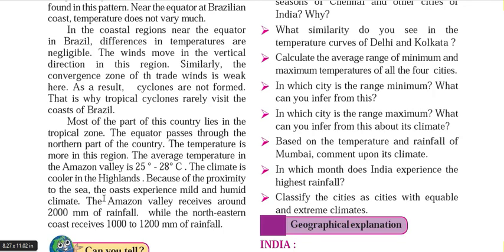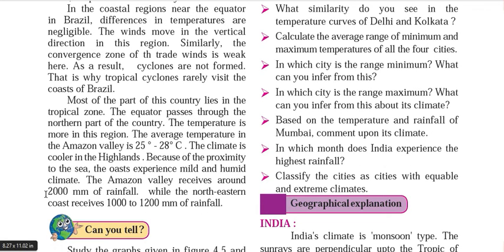Then in the Amazon basin you will find 2000 mm of rainfall, which is a very high amount, and that's why very dense forest is present in that region. Whatever trees are available over there, they get maximum rainfall and maximum temperature. So the availability of rainfall and temperature gives maximum growth to this forest.